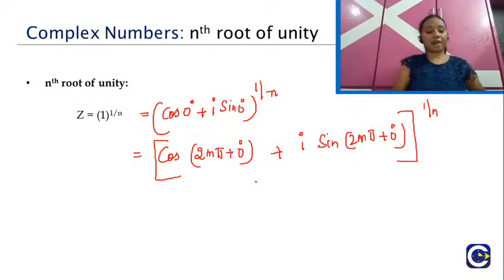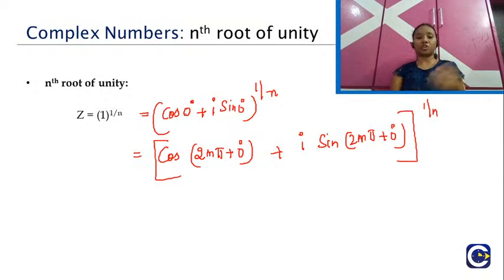Because when we are having 2m pi here, in place of 0, I can even write 2m pi plus 0, because cos of 2m pi plus 0 degrees is nothing but again cos 0 degrees. Similarly, sine of 2m pi plus 0 degrees is nothing but again sine 0 degrees.